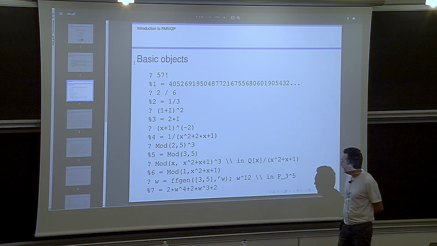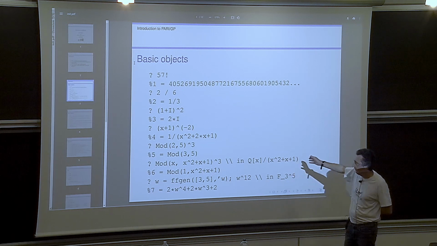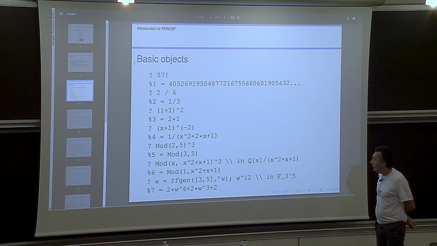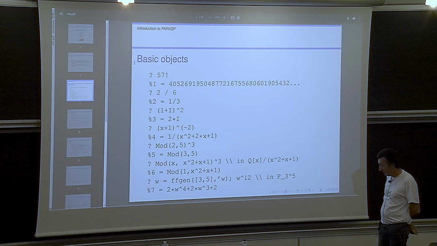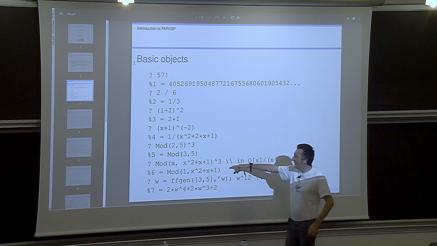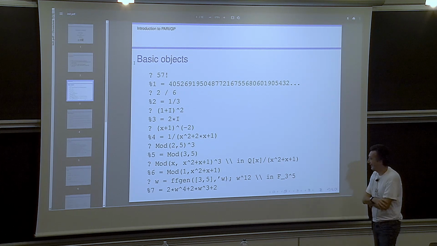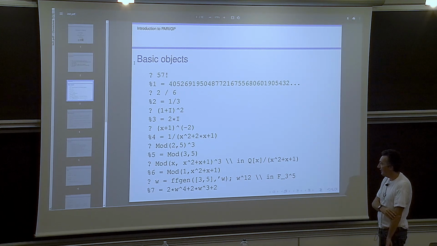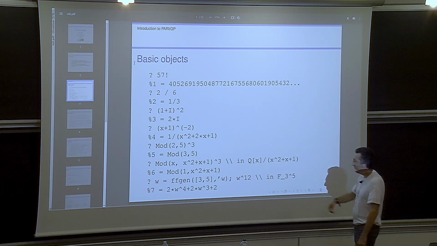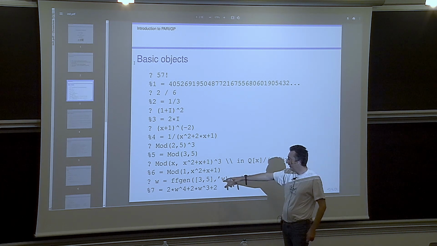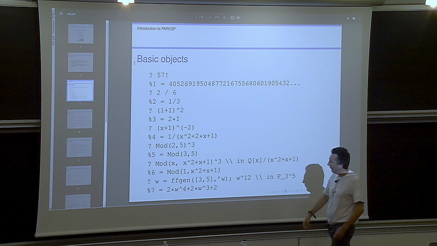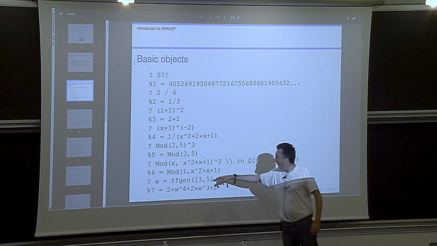This is a way to define algebraic elements. If you want a finite field, you could combine the two techniques above, but it would be very unwieldy. So there is a constructor, ffgen, that builds a generator, here for the field with 3 to the power 5 elements.